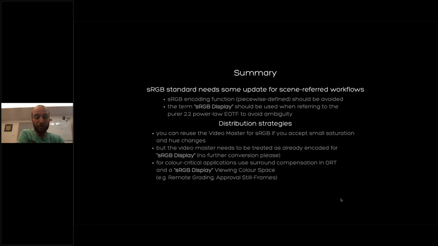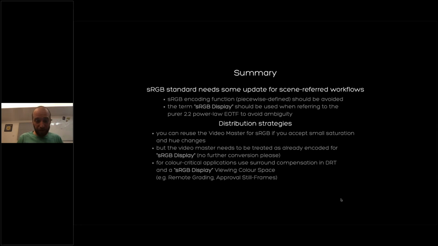But the video master needs to be treated already as encoded for sRGB display. So you should not take the video master and then transcode it, because that would be case 3 or case 2, and that would not result in the right color. So no further conversion, please.